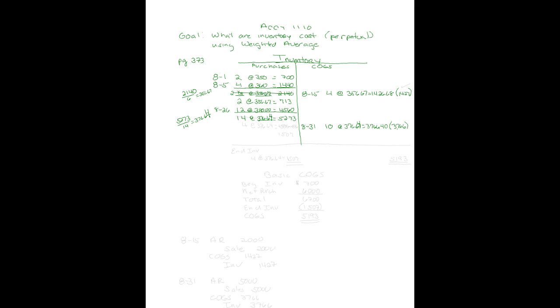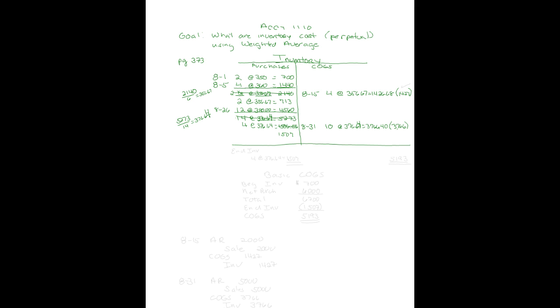Well, we've sold 10 now, so of the 14, we no longer have 14, we have 4. 14 minus 10 equals 4, and at 376.64, that gives us $1,506.56, and bless your author's heart, when he finishes that problem, he rounds that to $1,507. It's his book. He can do that if he wants.